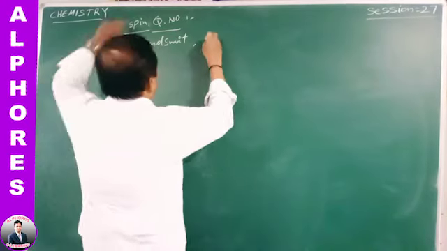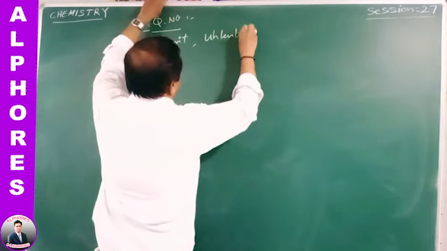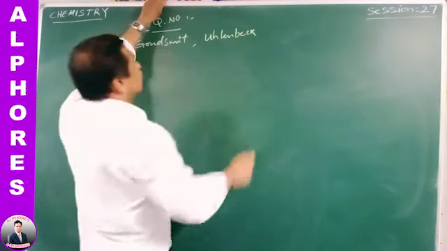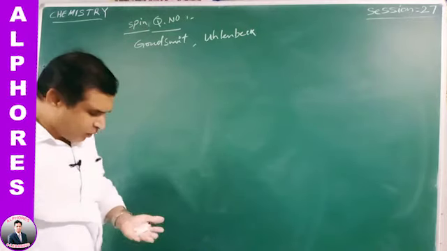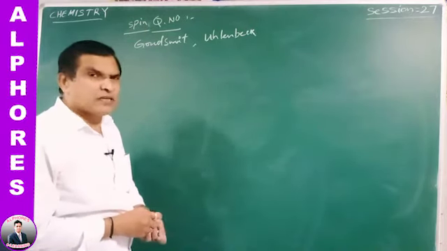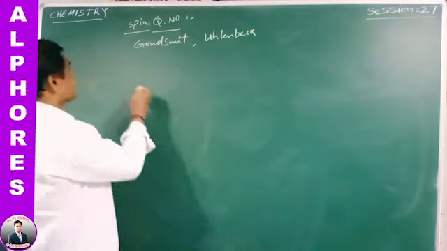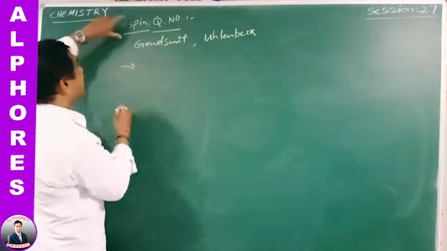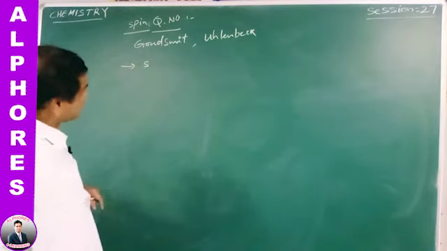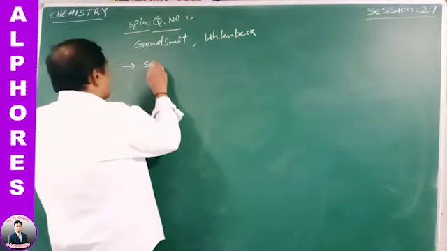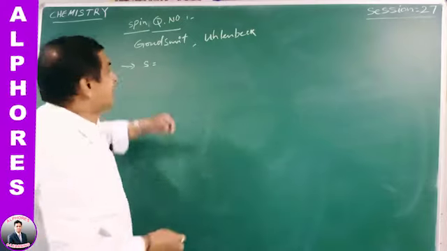It is denoted by the symbol S. What does this S represent? This S represents the direction of spin of the electron.